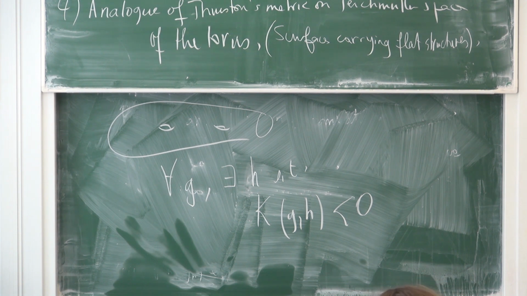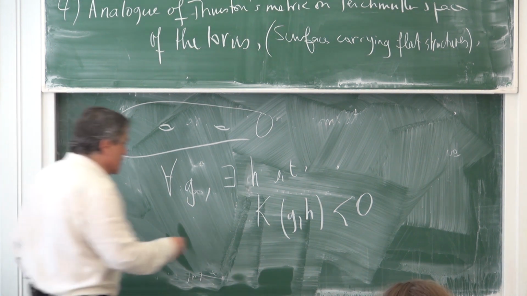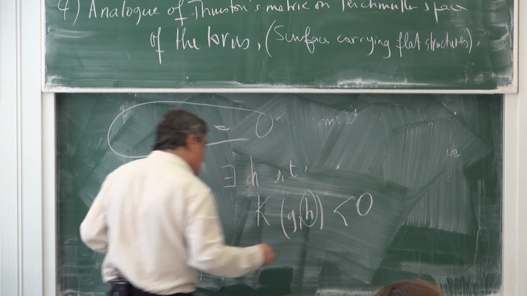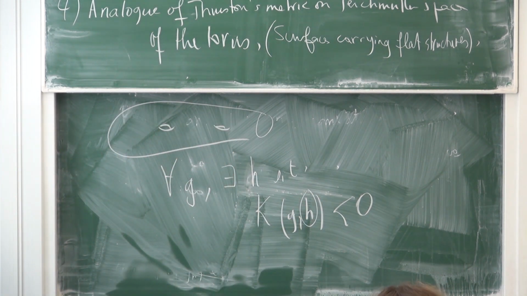A good question is, you have a surface with boundary, and you want to define the notion of a future, and you want to study the geometry of this metric defined only on pairs of points G and H such that k of G of H is positive or zero. But this is not what we do in the first paper.